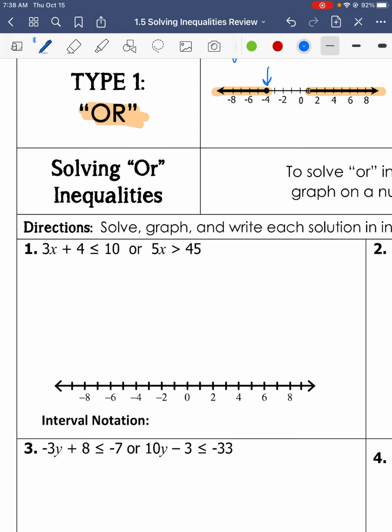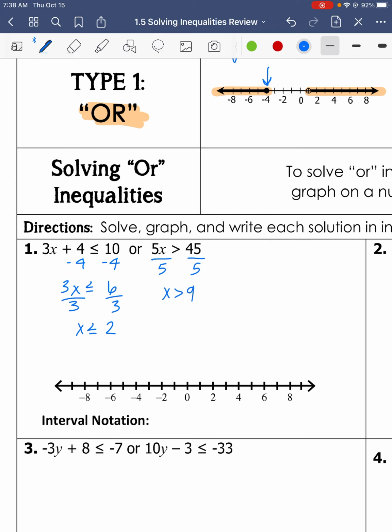So we have 3x plus 4 is less than or equal to 10. We'll subtract 4 from both sides, and we get 3x is less than or equal to 6. Divide by 3, x is less than or equal to 2. And then this one over here, we'll divide by 5. X is greater than 9.